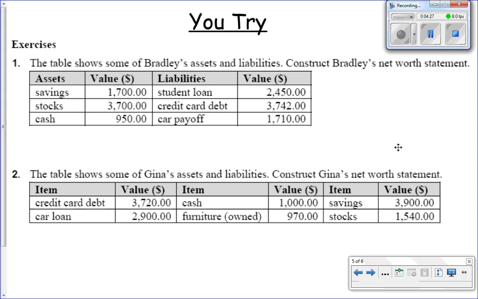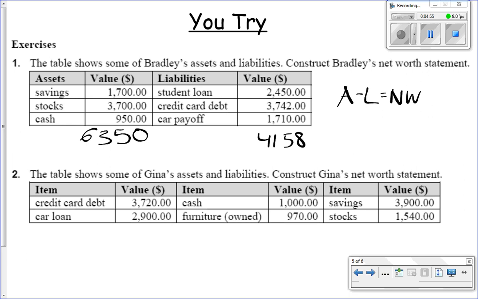All right, the table shows some of Bradley's assets and liabilities. Determine Bradley's net worth. Lovely. Good. The value of the assets.